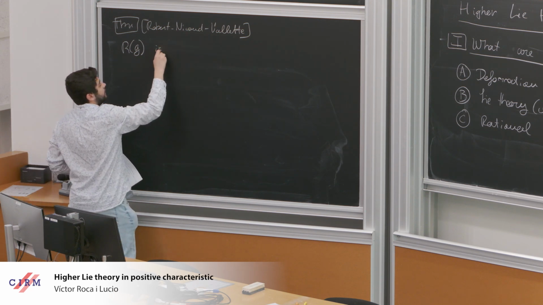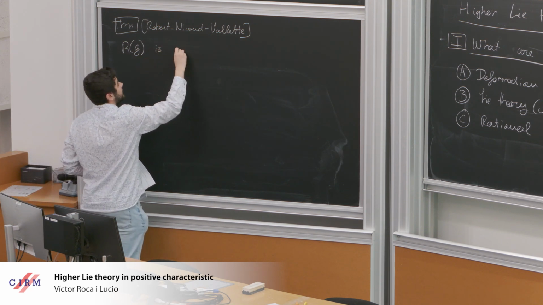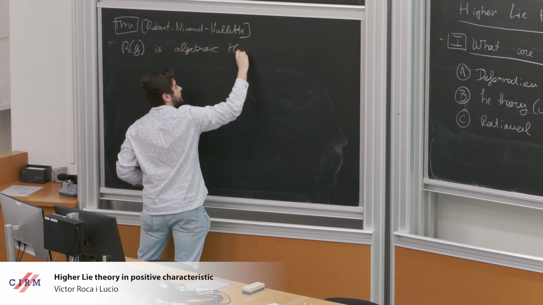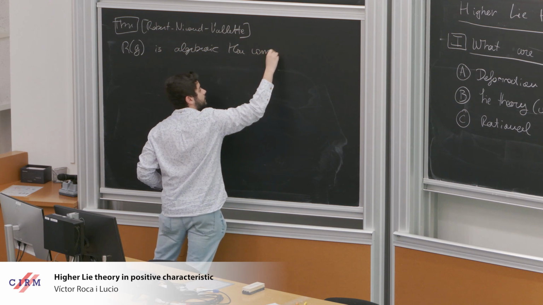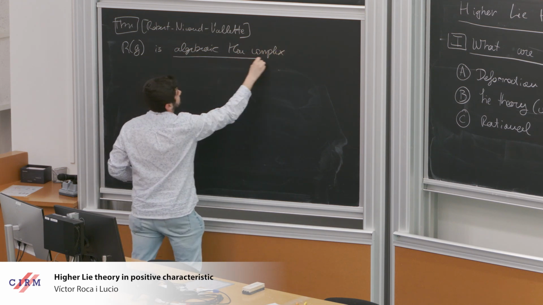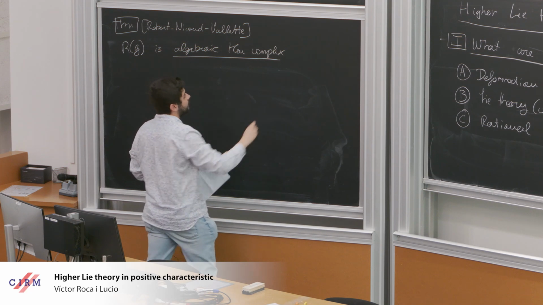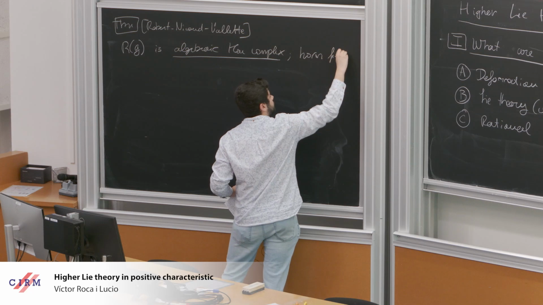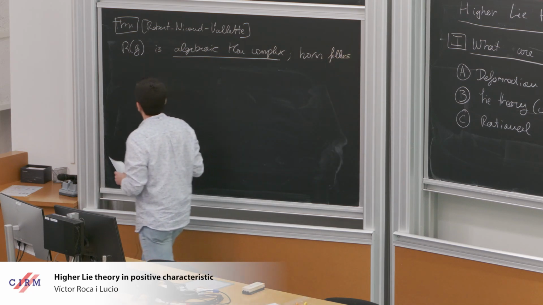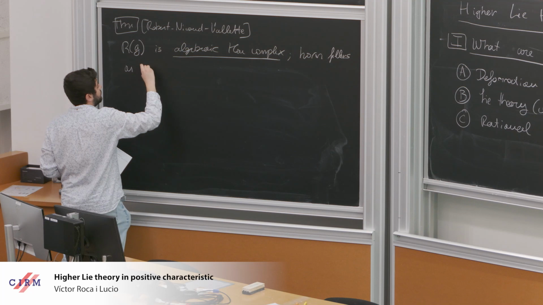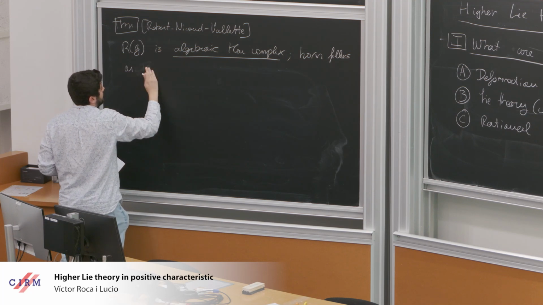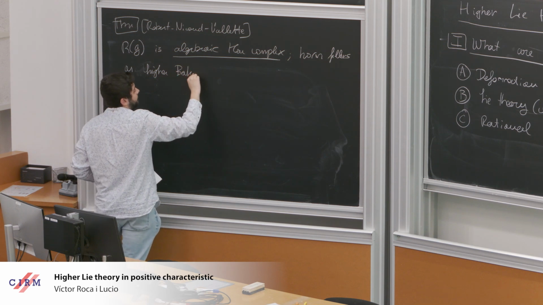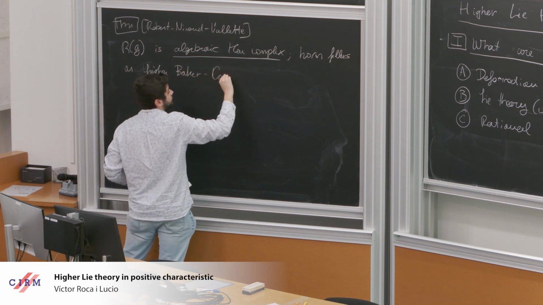The image is an algebraic Kan complex, meaning the horn fillers are given, and you can think of horn fillers as higher Baker-Campbell-Hausdorff formulas.